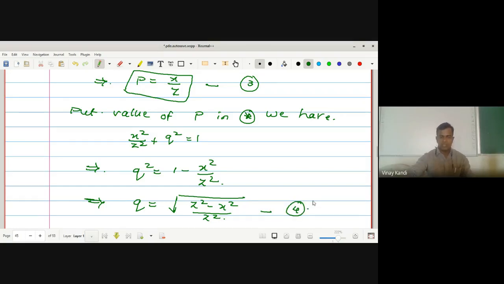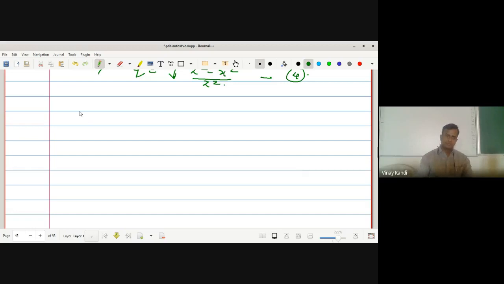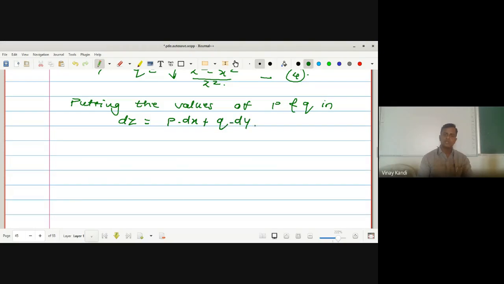Now putting the values of p and q in dz is equal to p dx plus q dy, we get x upon z into dx plus square root of z square minus x square upon z into dy.